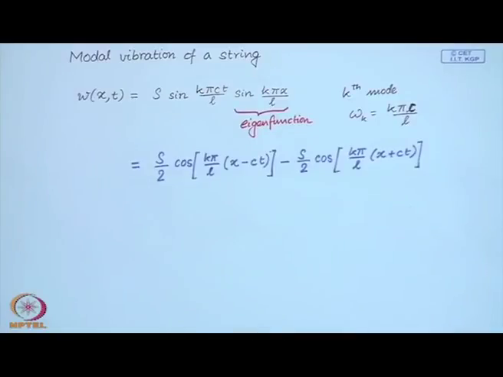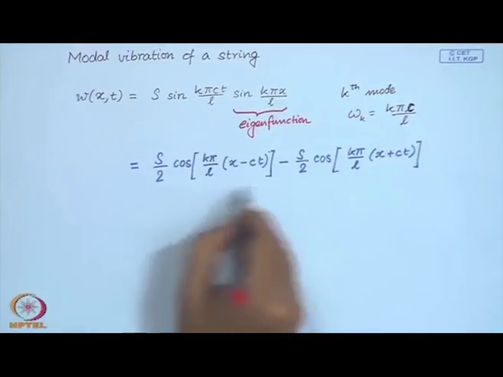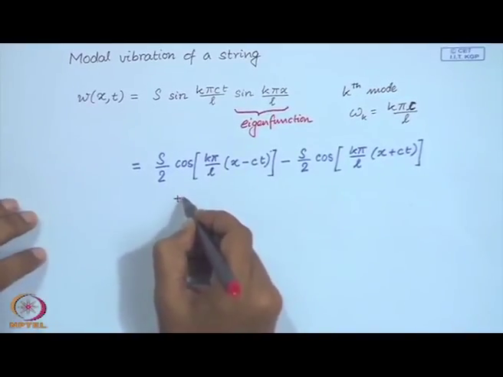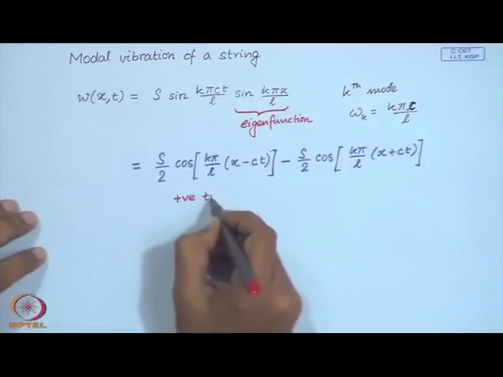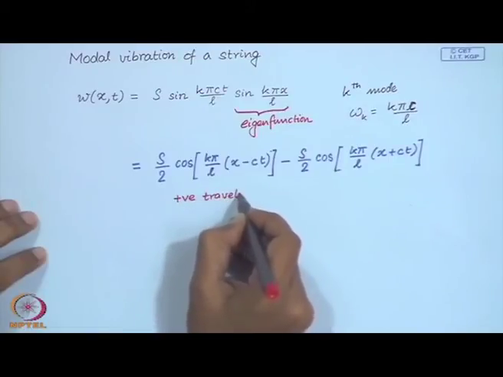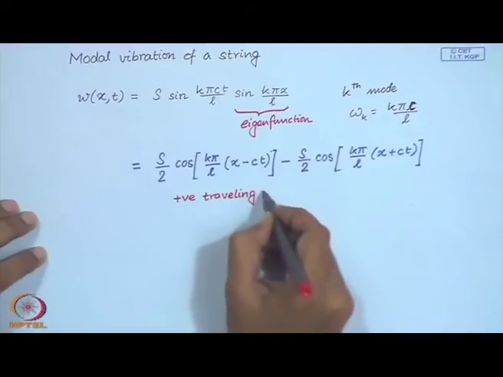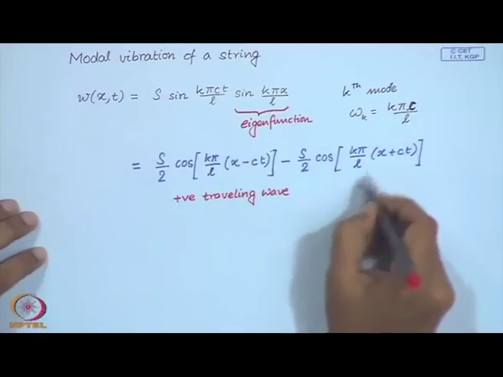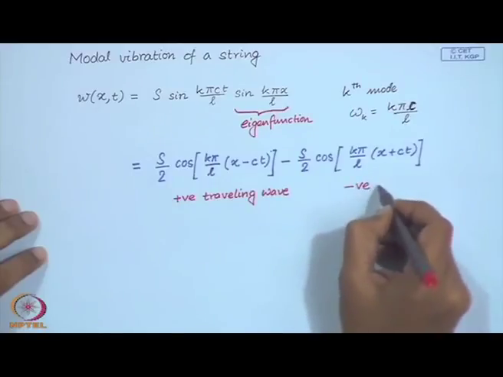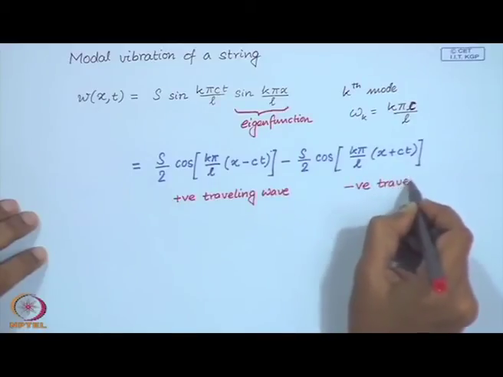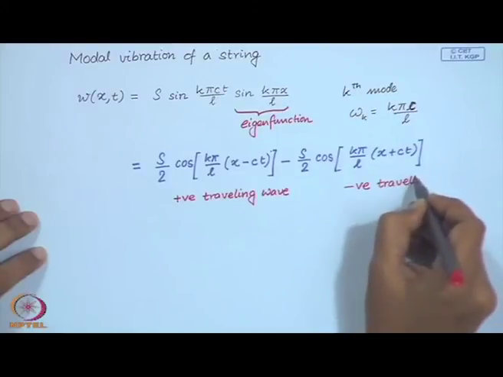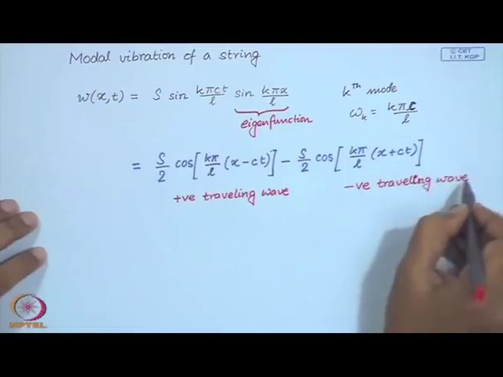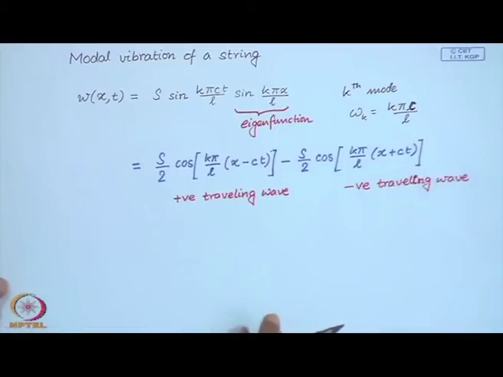Now, here immediately we can recognize that this is a positive travelling wave and this is the negative travelling wave.